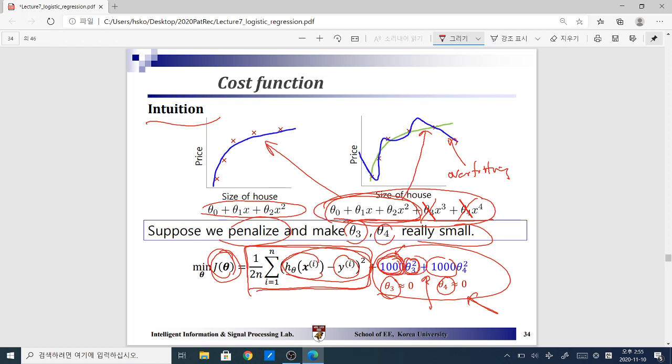So because we want to minimize this cost function, we set theta 3 and theta 4 to be as small as possible, say very close to 0. Using this relationship in the cost function, by adding these two terms together, is going to give us this effect, that we only have these three terms as opposed to having 5 terms.